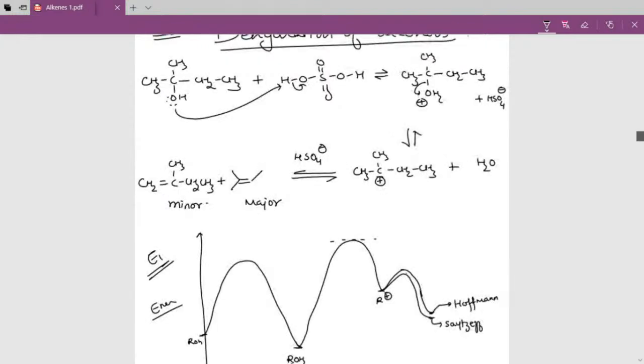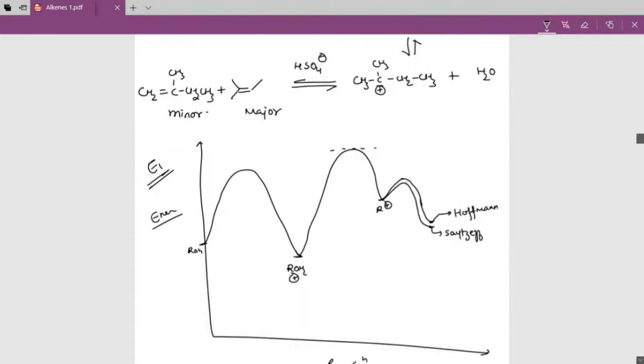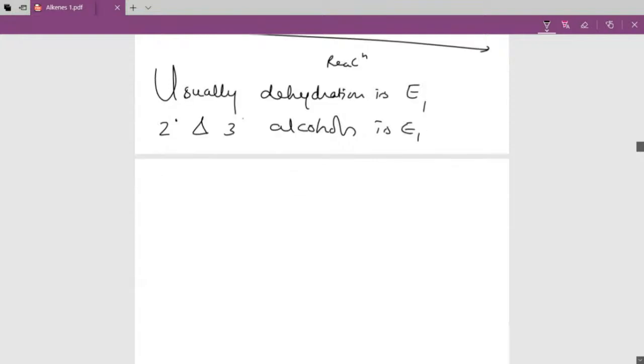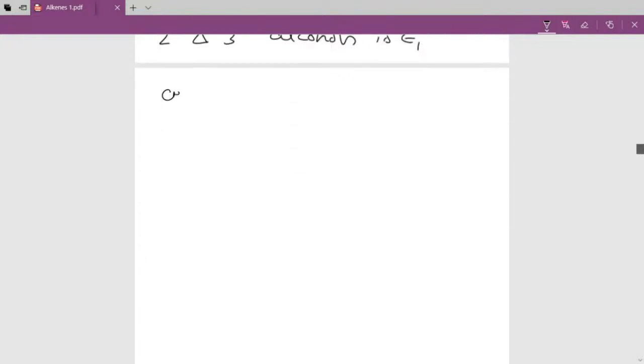So here if you see, it is a completely reversible reaction. The reverse reaction is addition of water under acidic condition to alkenes and formation of alcohols. Formation of alkenes from alcohols is removal of water. So net reaction can be written as CH3 CHOH CH2 CH3, with H2SO4.